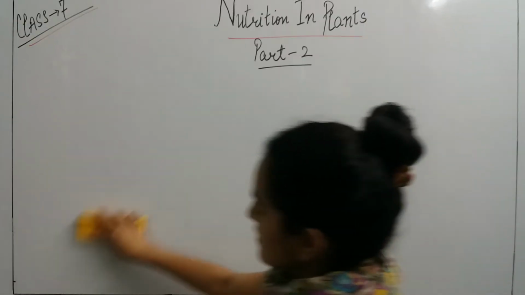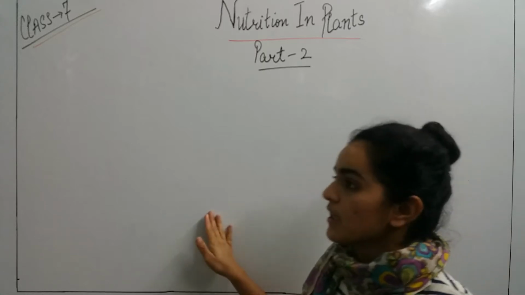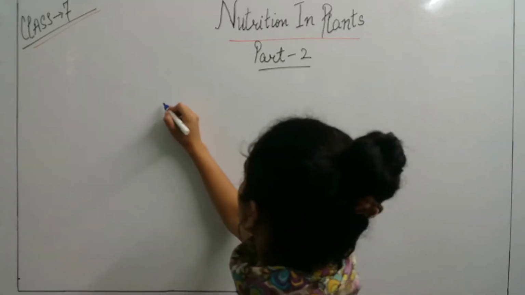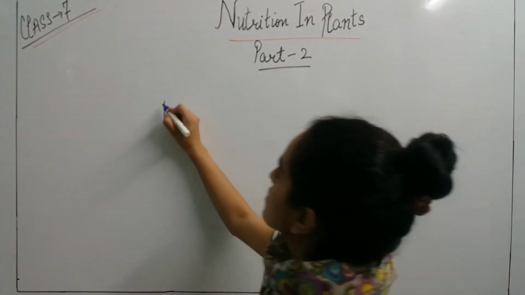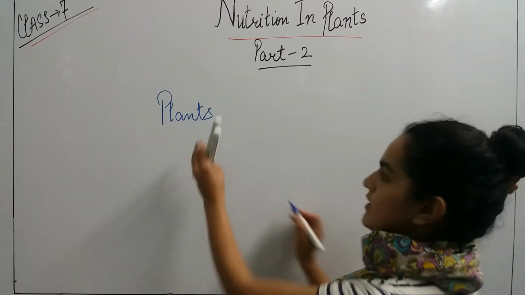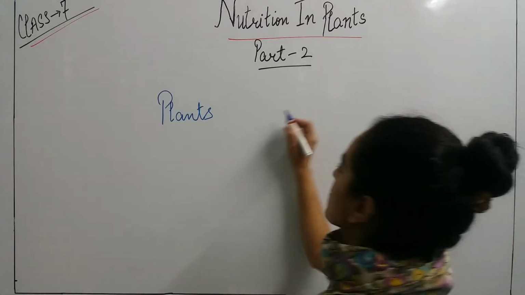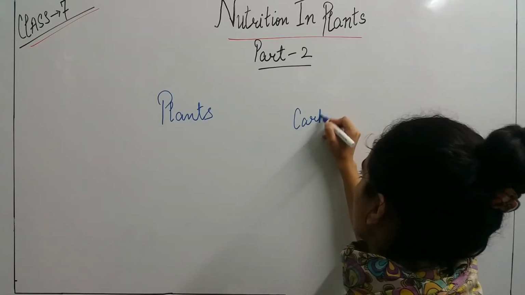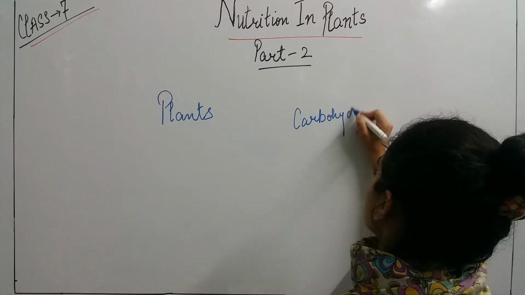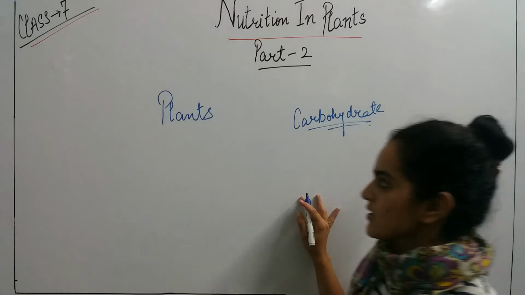The next point is that the plants, we are talking about plants in this chapter, they prepare their own food, so they got the carbohydrate from the reaction of photosynthesis.